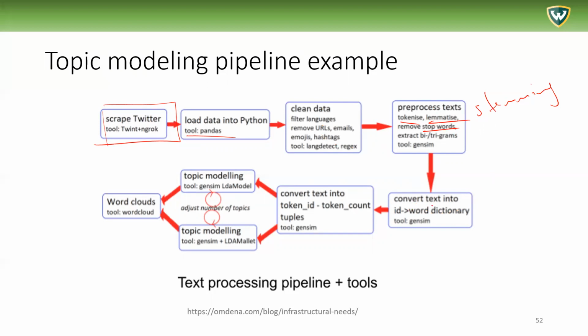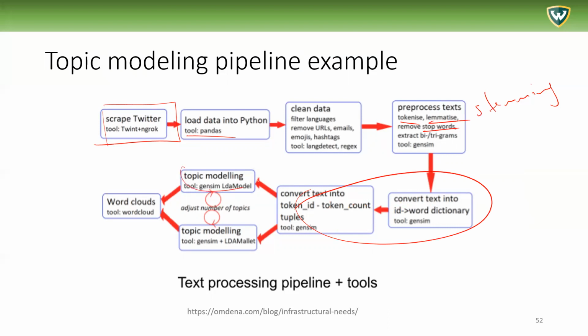Then there's this part here, you convert text into an ID word dictionary. This is the part of identifying the term frequency, so how much each term appears in each document. And then you convert text into token IDs and token counts. This is all related to calculating the frequency of the terms in each document.